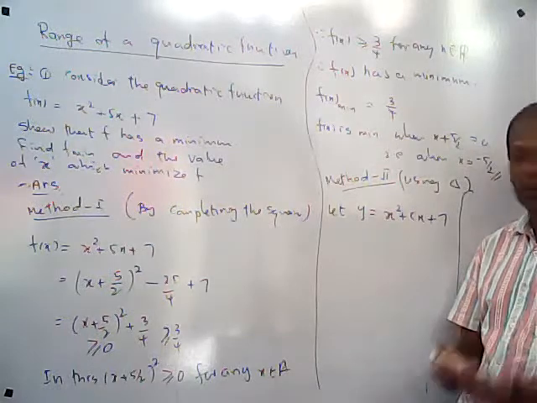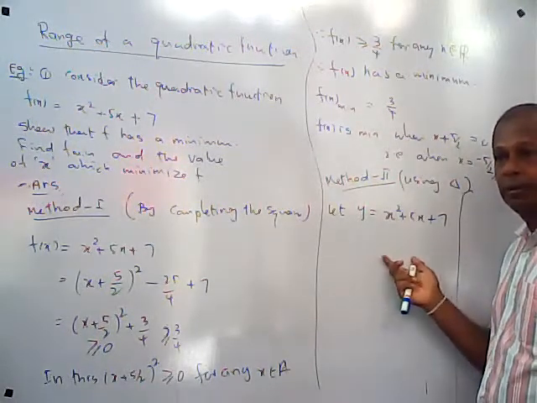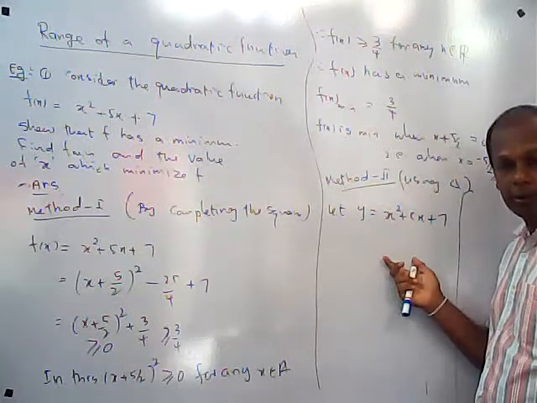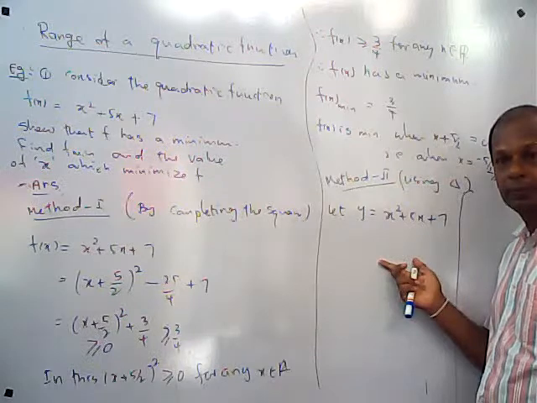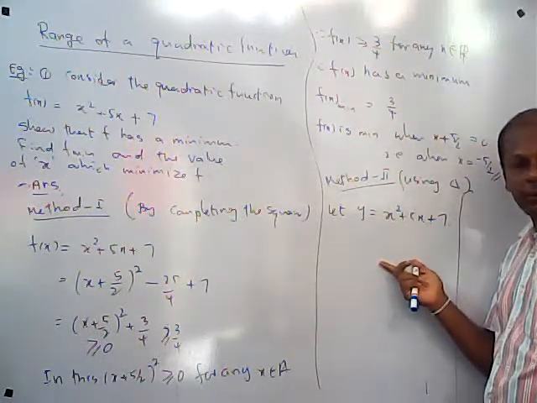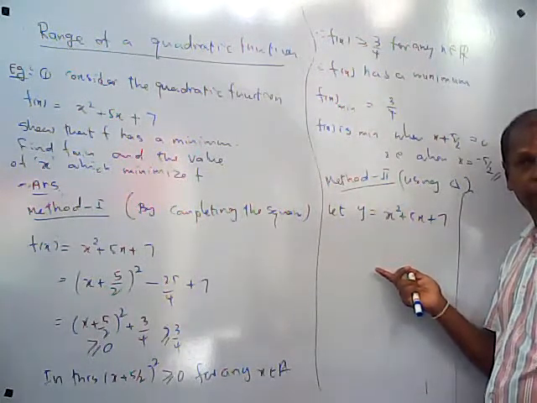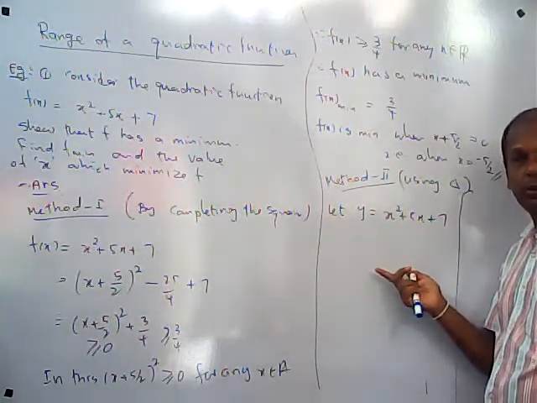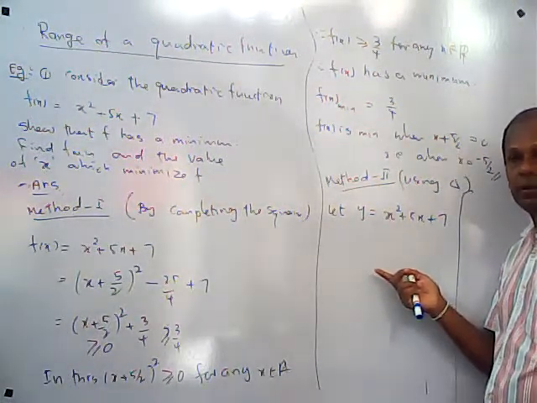So you have to make it an equation, find delta, and describe anything upon delta. So how to make it an equation? A quadratic equation. How to make it a standard quadratic equation?